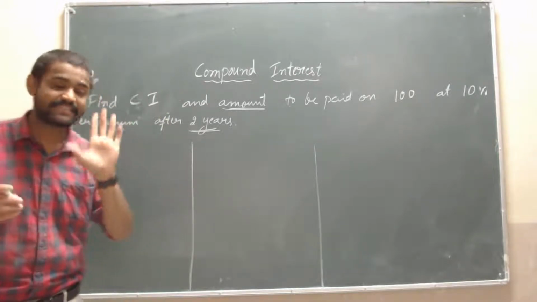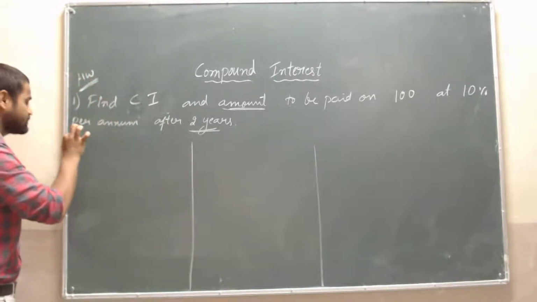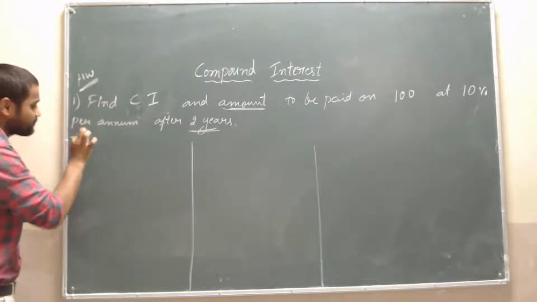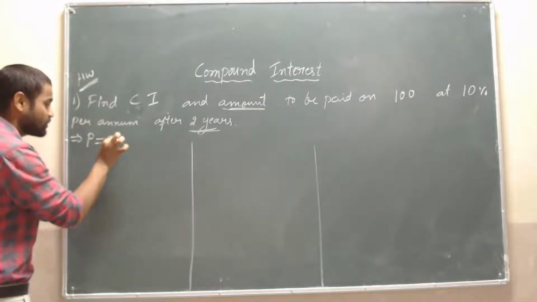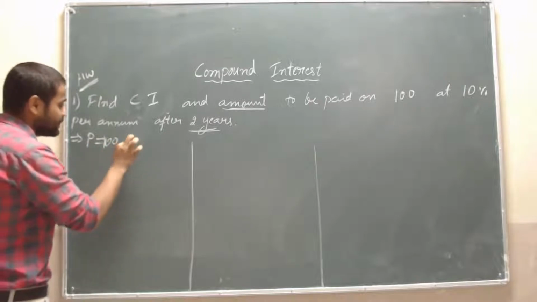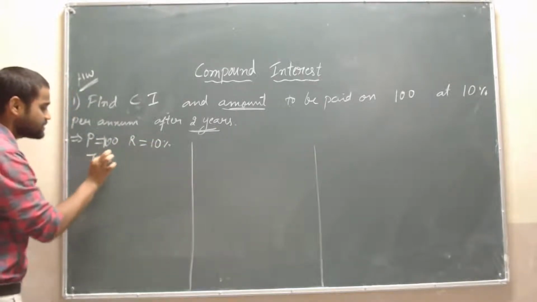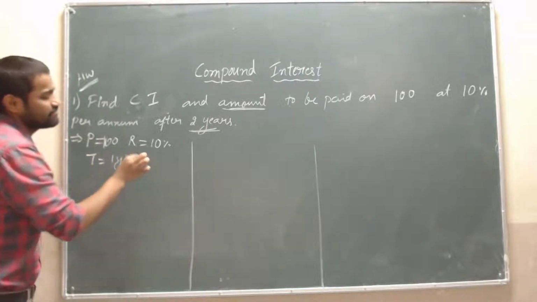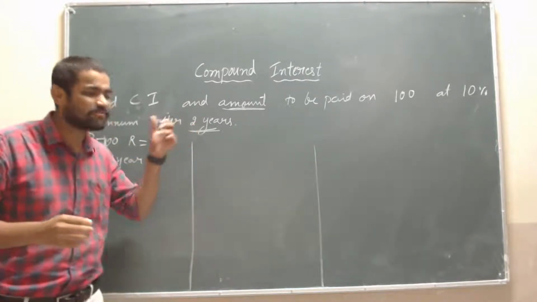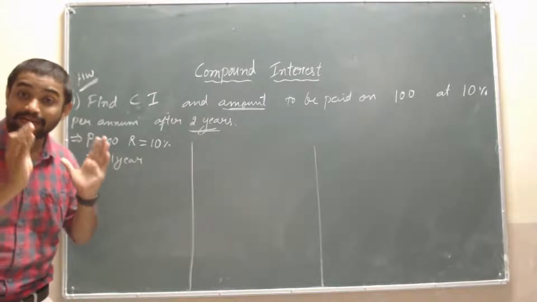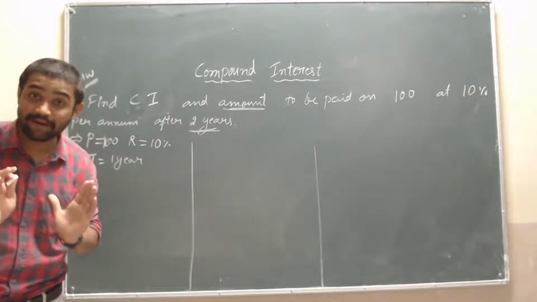Is it clear? See here. Principal amount is 100 rupees. Rate of interest is 10% and time is 1 year. Here he has given 2 years, so take 1 year and separate the other year.